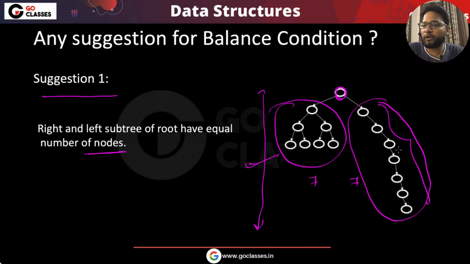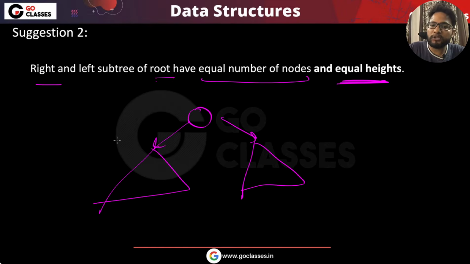But if I also say that they should have equal height, then maybe things will be fine. If I impose both conditions, can you say then that the height will always be log n? Is it true?